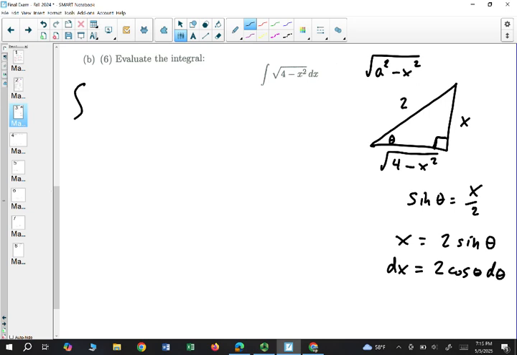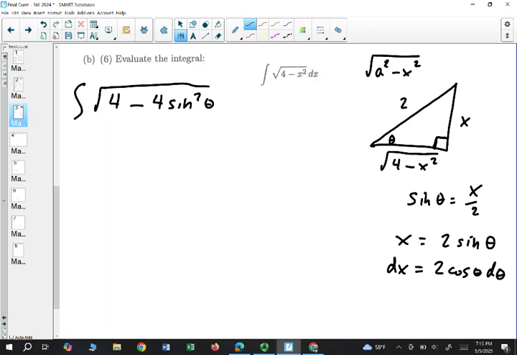We have our integral, square root of 4 minus x squared. Now, if we have x is 2 sine theta, x squared, so picture squaring this, 2 sine theta times 2 sine theta will be 4 sine squared theta. And then dx, this is a common mistake people make.